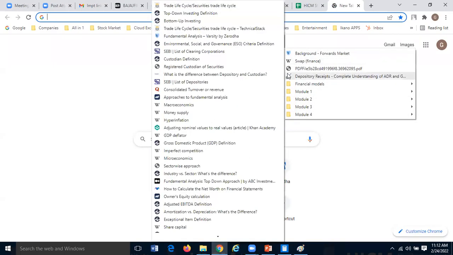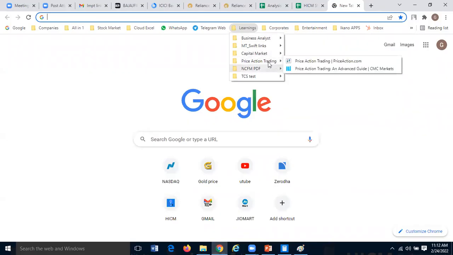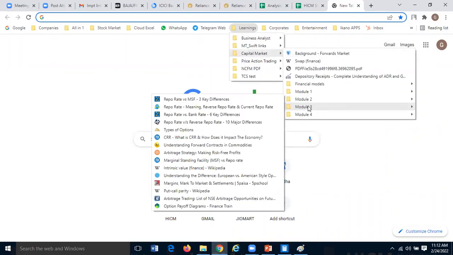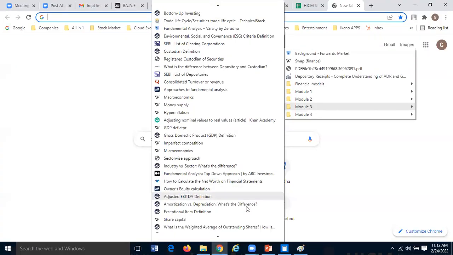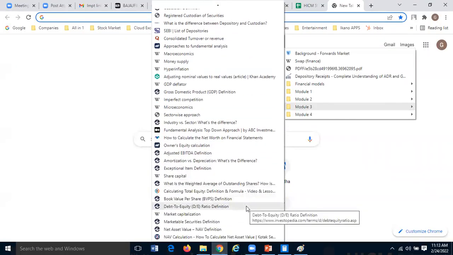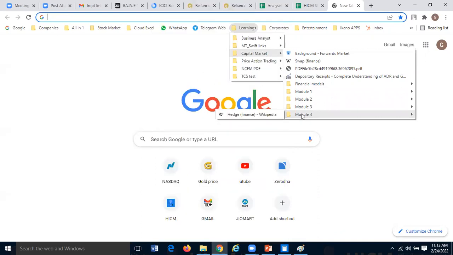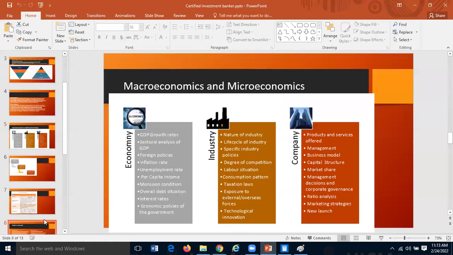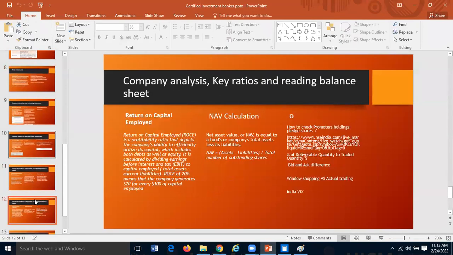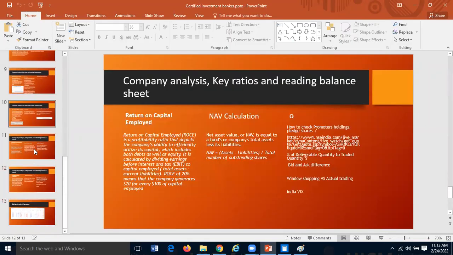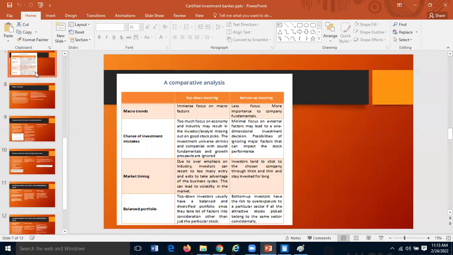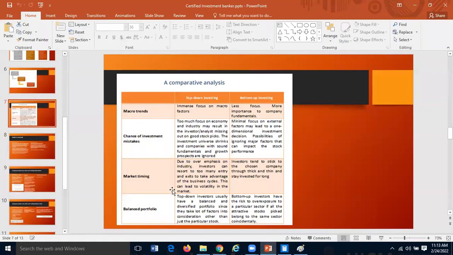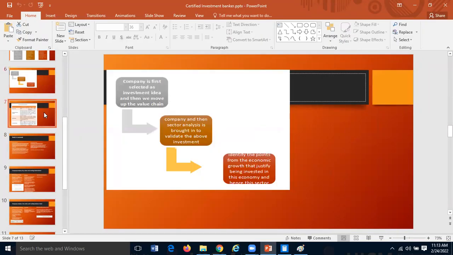Also the life cycle of the industry. I will show you that.